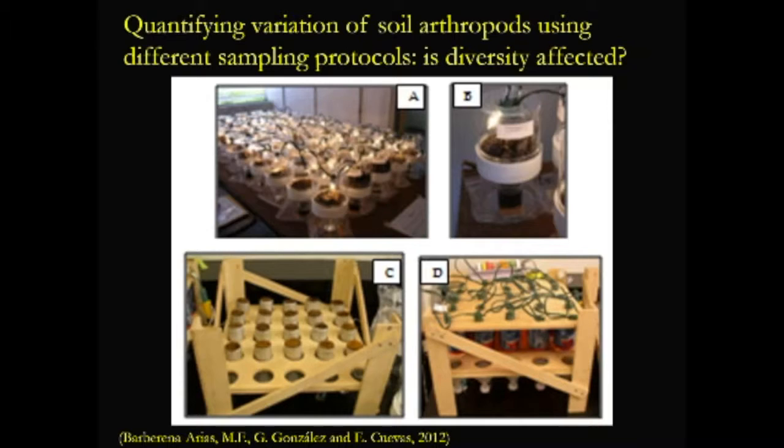A lot of people extracting animals from the soil and litter environment use light to increase the difference in moisture, so the animals avoid the light and desiccation, and start moving down into these funnels to the bottom where you have the alcohol or the collecting vial, where you can then look at them under the microscope.